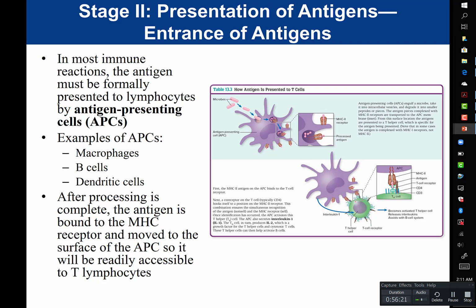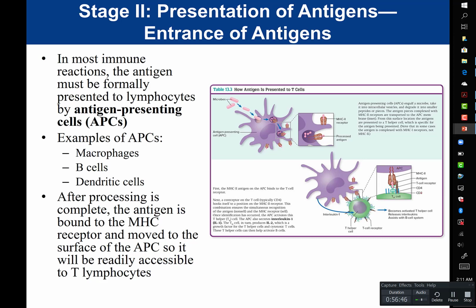A T helper cell is going to come along, and the T helper cell has to have the appropriate T cell receptor, and the T cell receptor is going to bind to the antigen. It has to have the CD4, and the CD4 is going to bind to the MHC2.